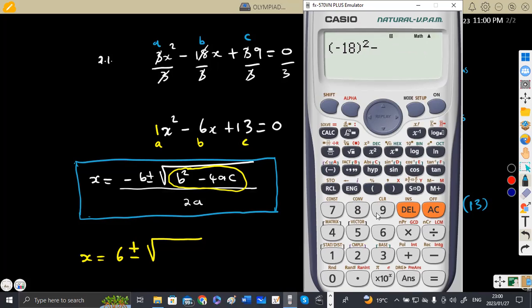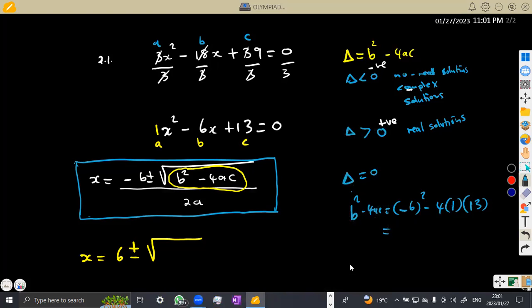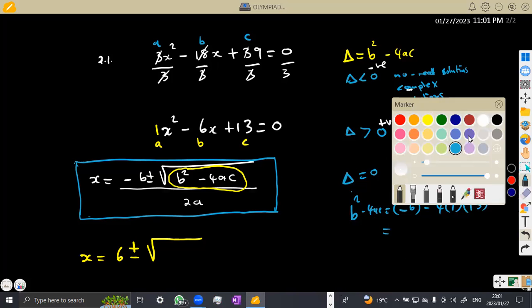So that is going to be minus 4 times a. Our a was 3 and our c was 39. Okay, so this is going to be negative 144. All right, so we are obtaining something which is the same. We are going to obtain this negative 16 in this case. So that was actually the same.